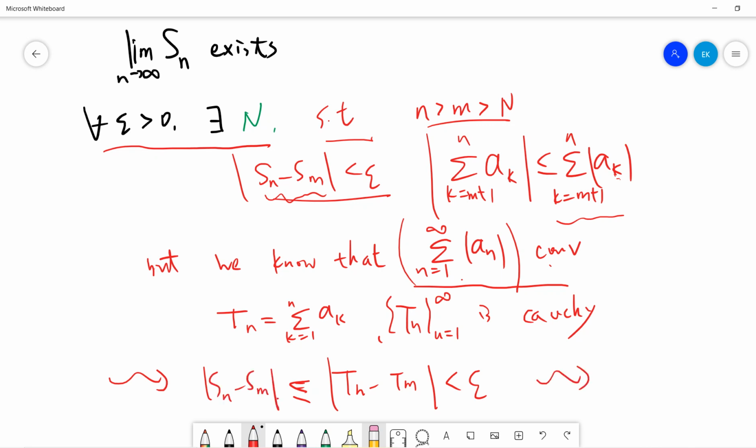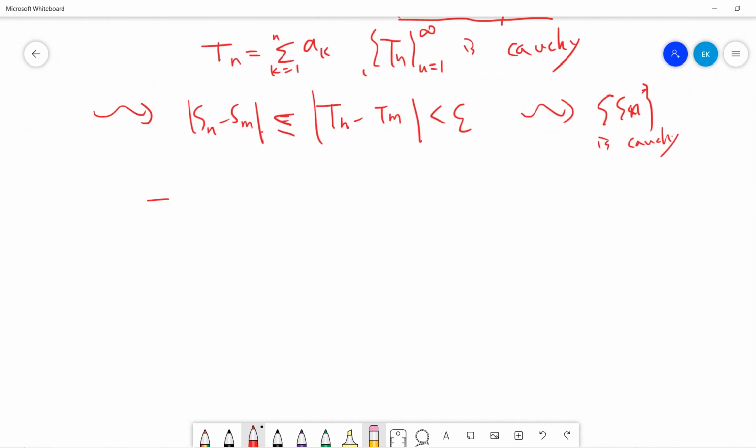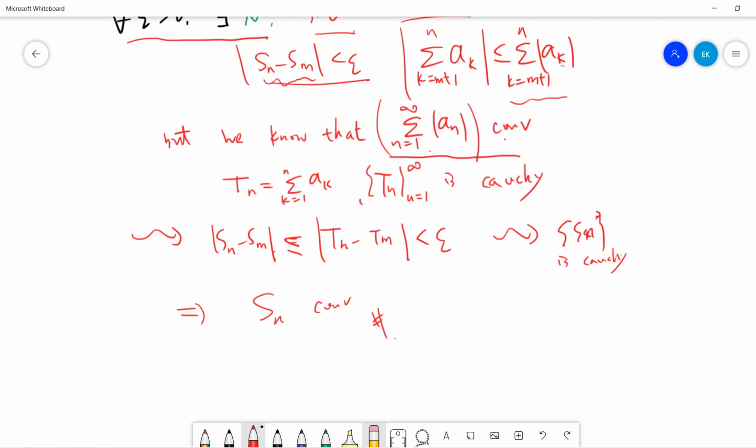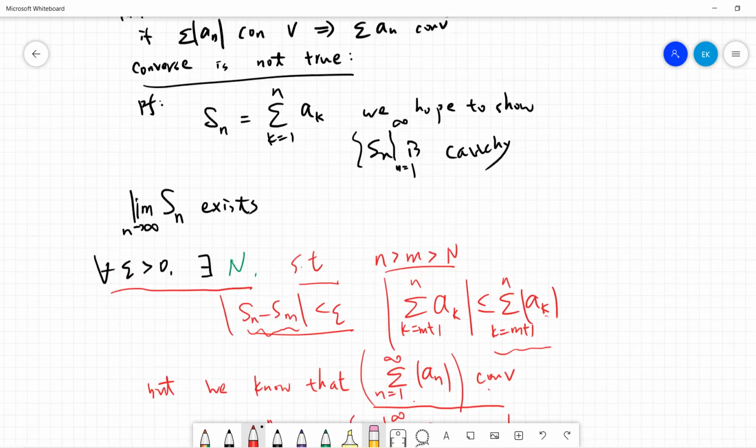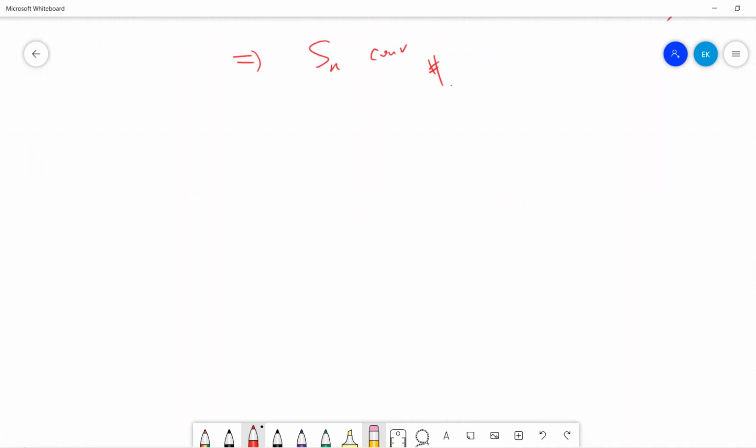So this proves that Sn is Cauchy, so that means Sn converges. The key to the proof is using the Cauchy property of Tn to bound Sn to prove Sn is Cauchy.